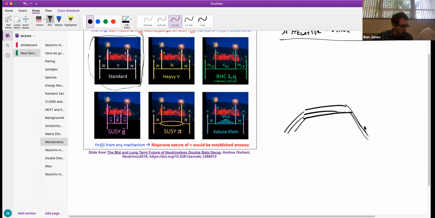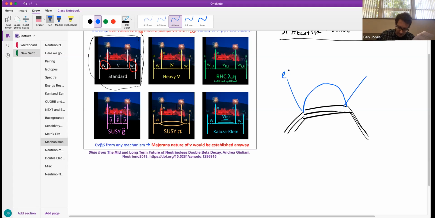So what I'm going to do is collapse these W's down into kind of Fermi theory vertices, because the energies here are so low that the W is very far from its mass shell. A Fermi theory type approach is a perfectly reasonable thing to do. So we're going to have something that actually looks like this for our diagram.